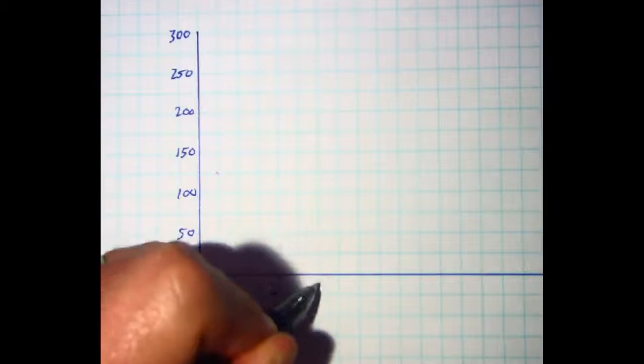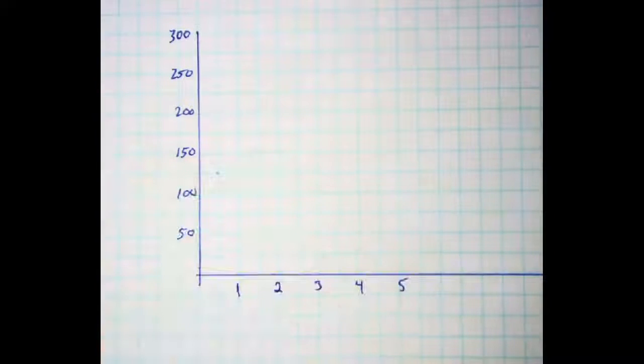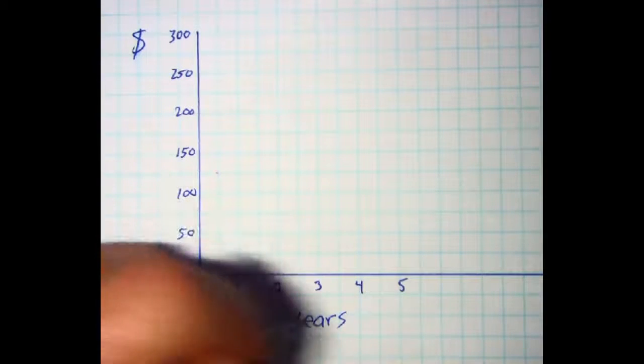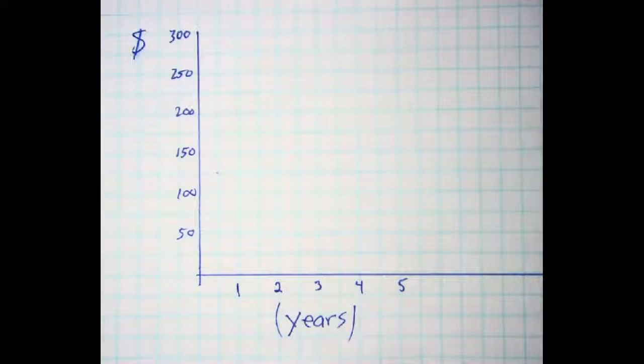So you can see how the x and the y don't have to be the same as far as what we're counting by. We're counting money here. It could be in the millions. We're counting years. It could just be 1, 2, 3. Okay. Don't have to be counting the same.